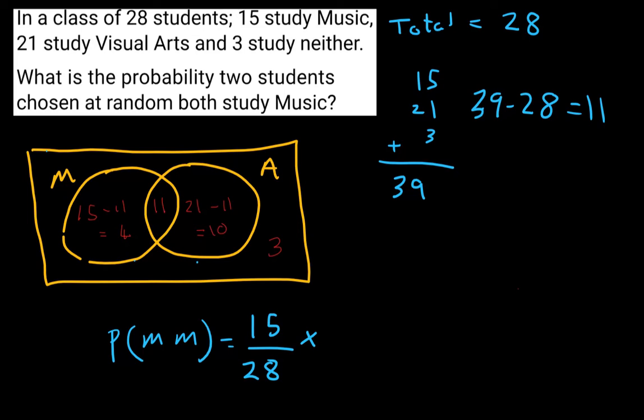So if you've chosen one person, the size of the class reduces by 1. So we now have a class size of 27. And we have 14 students to choose from. So use your calculators. We've got 15 over 28 times 14 over 27, which gives 5 over 18.